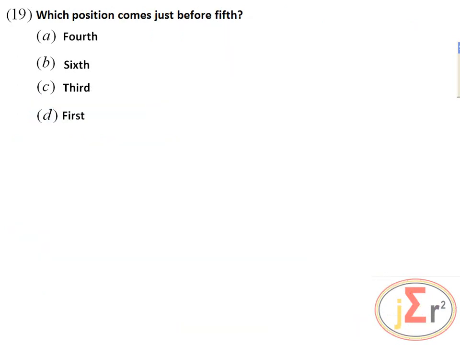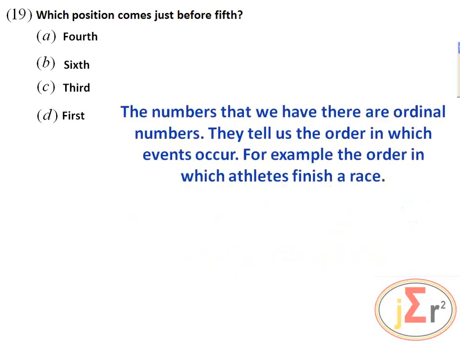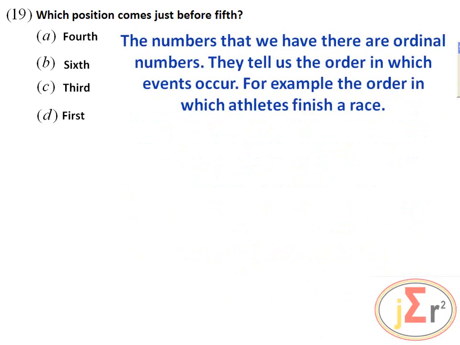Which position comes just before fifth? And Jerry is saying it's fourth. The numbers that we have there are ordinal numbers. They tell us the order in which events occur.